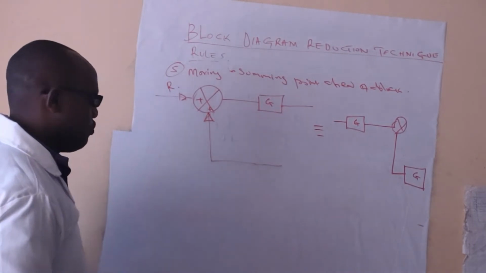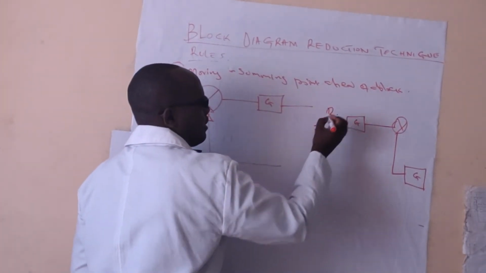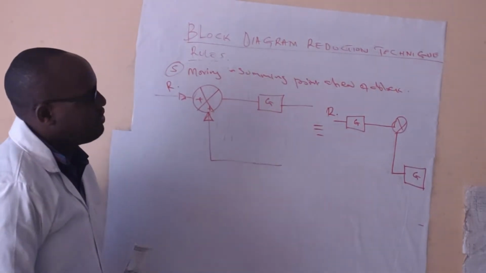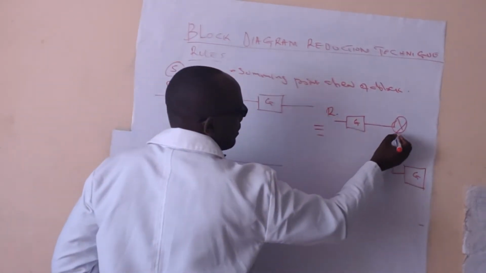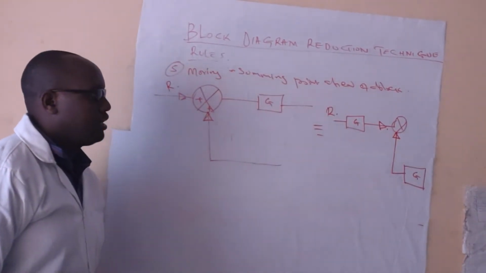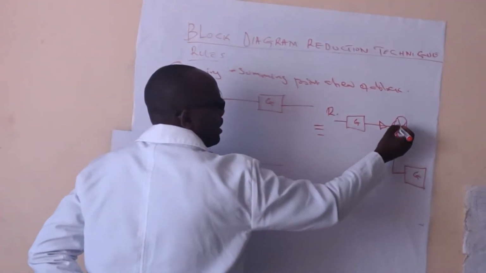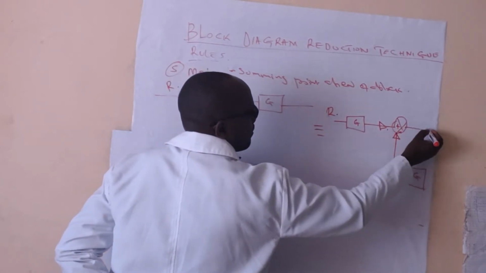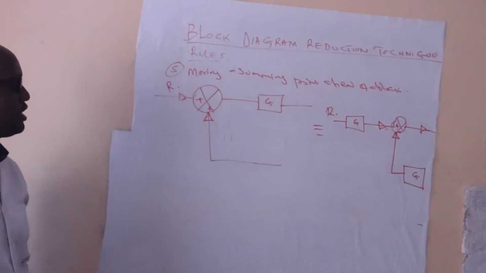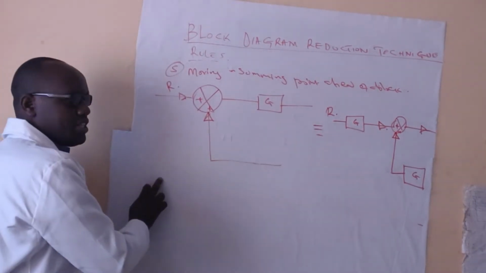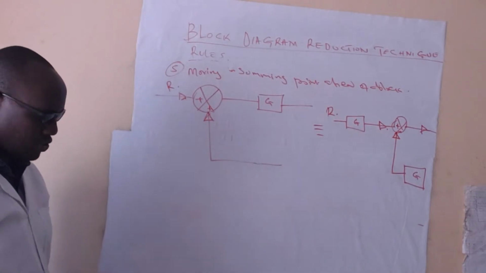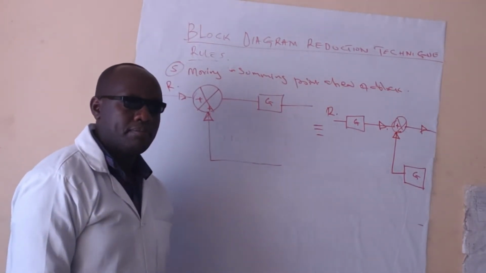That is the equivalent, so it is going to behave that way. And this is the summing point. So the equivalent of this is equal to that block diagram.